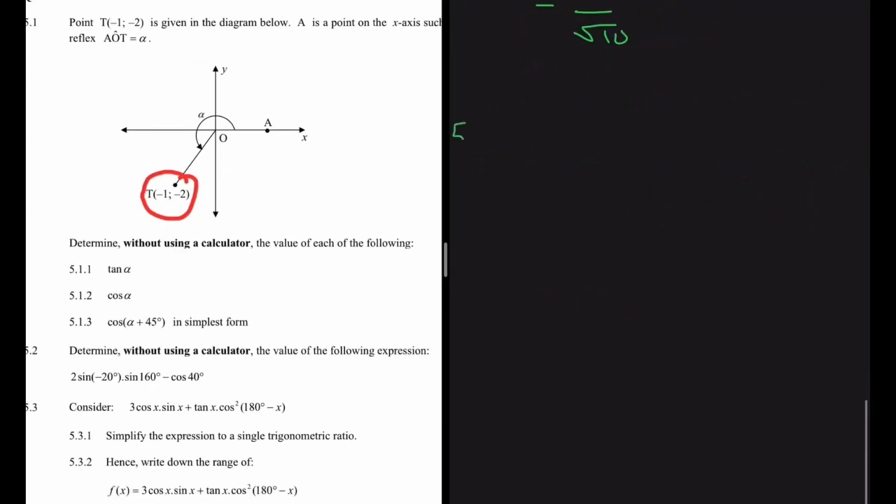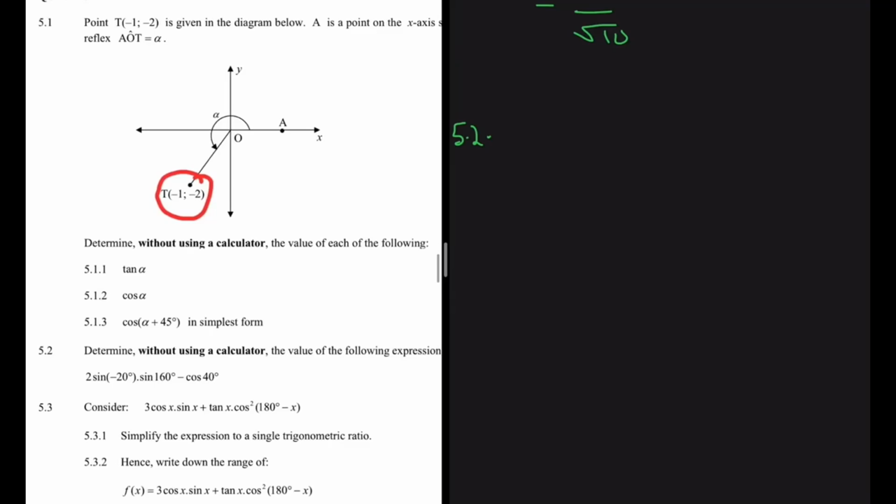And then 5.2 says that let's determine, without using a calculator, the value of the following expression. We have 2 sine of minus 20 degrees multiplied by sine of 160 degrees minus cos of 40 degrees.